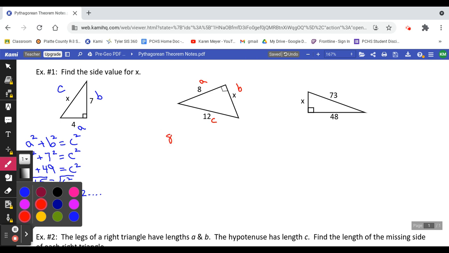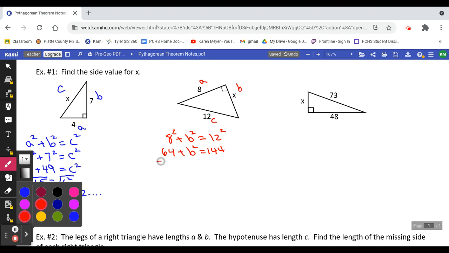So I'm going to have 8 squared plus B squared, because that's where my X is, equals 12 squared. Now, if you wanted to say X squared instead of B squared, that's fine. 8 squared is 64. Plus B squared equals 12 squared is 144.